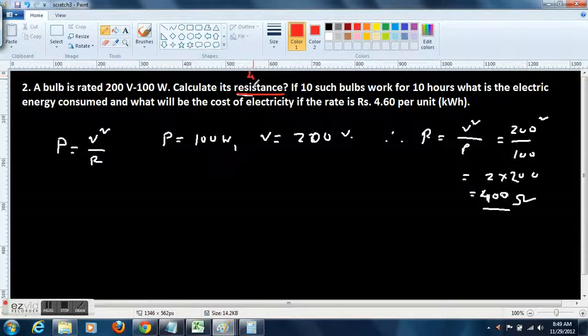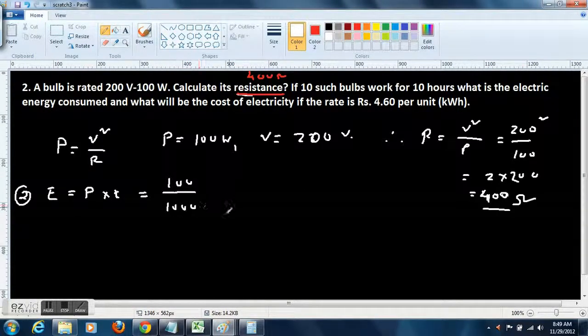Next we have to calculate the electrical energy that is consumed, and from that we have to calculate the cost of operation. To calculate the electrical energy, the formula that we will be using is E equal to P multiplied by time, that is energy equals power into time.